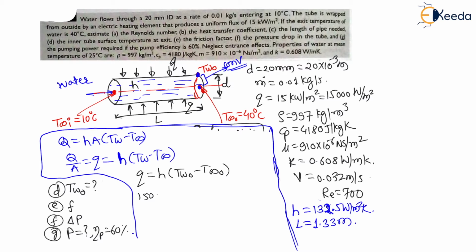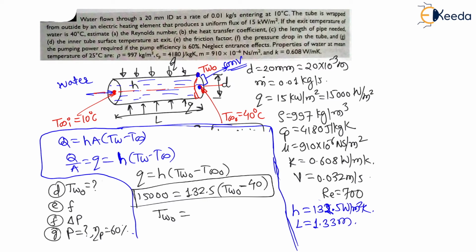So 15,000 is equal to h, which we have calculated as 132.5, into (T wall at outlet, which we have to calculate, minus T infinity, the surrounding fluid temperature at outlet, which is 40 degrees Celsius). In this equation only T wall at outlet is unknown. So let us solve for outlet wall temperature, and I will get the answer as 153.2 degrees Celsius.